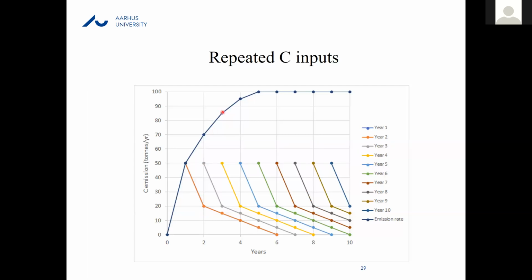And likewise, until we get to year 5. From there on, because the pattern of emission just repeats itself, the total emission rate remains constant at the rate equivalent to the rate of carbon input.